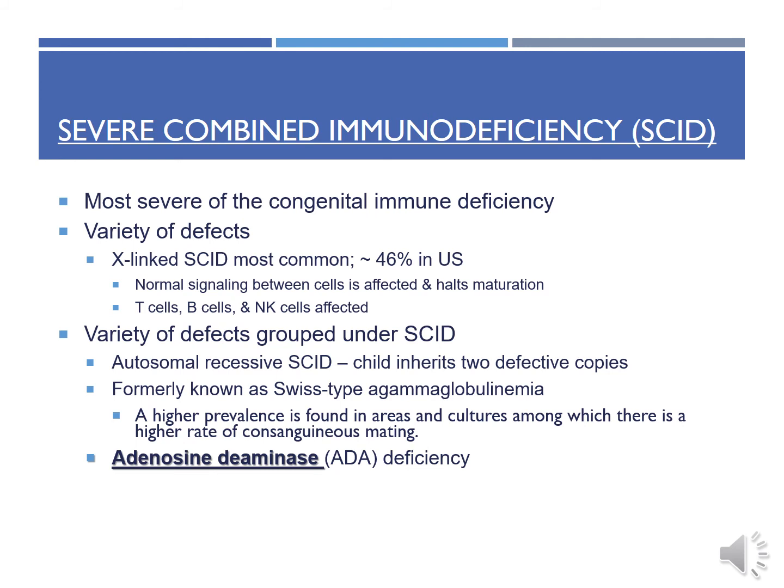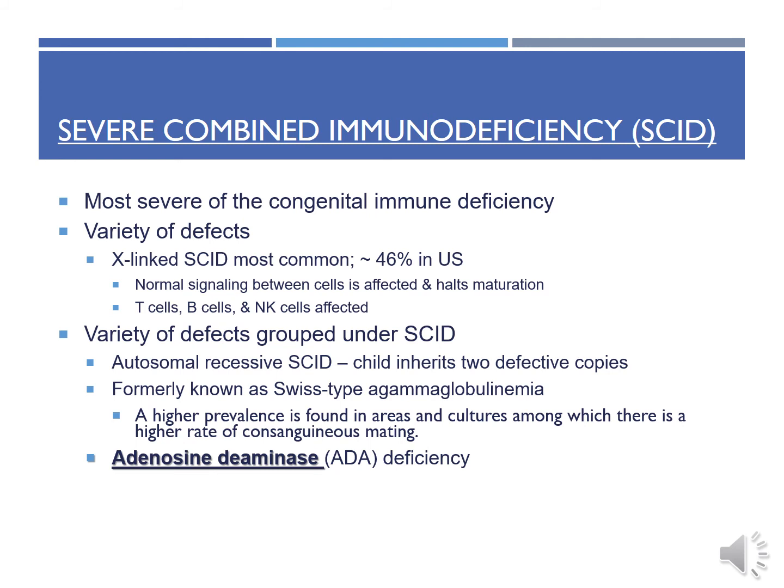So when somebody has ADA deficiency, the immunodeficiency directly correlates with the degree of the ADA deficiency. Patients with only a mildly reduced ADA activity may only have a slight impairment of their immune function. If you have a severe ADA deficiency, then you're going to be severely immunodeficient.